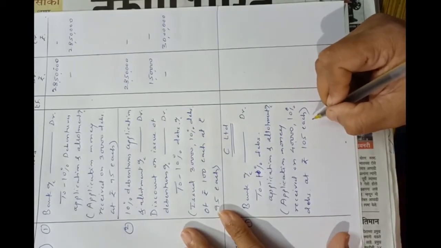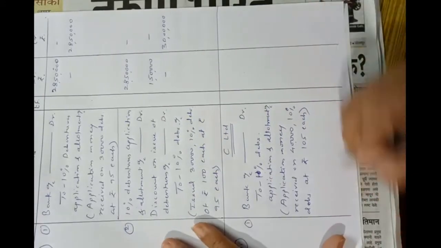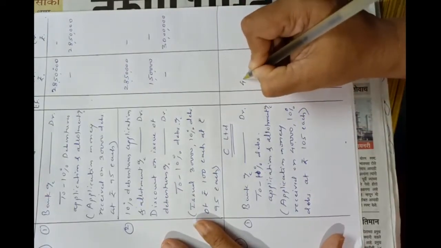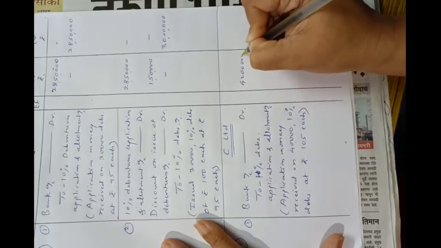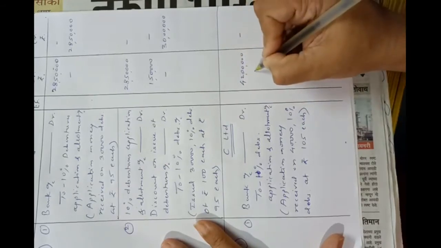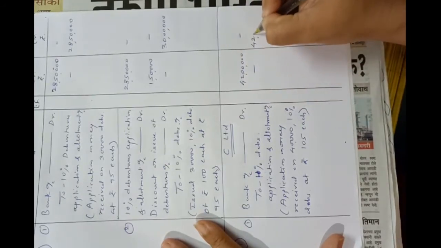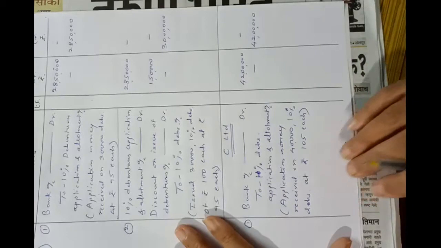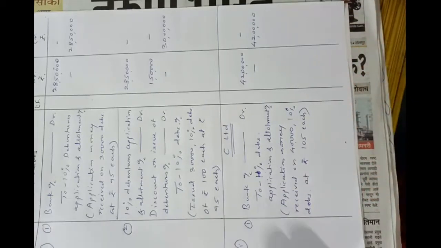Okay. So amount will be 42 lakhs. 40 lakhs is the original amount and 2 lakhs is the premium on issue. Okay. So this is the first entry.